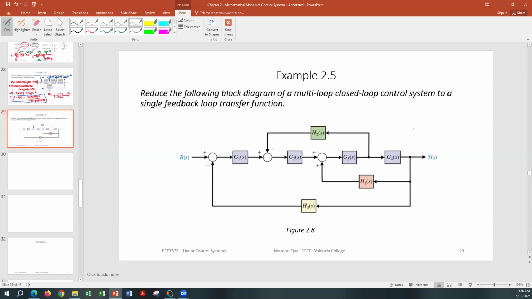I'm going to move it here. May have to redraw this, but it's not going to look good. I don't want to redraw this too much.